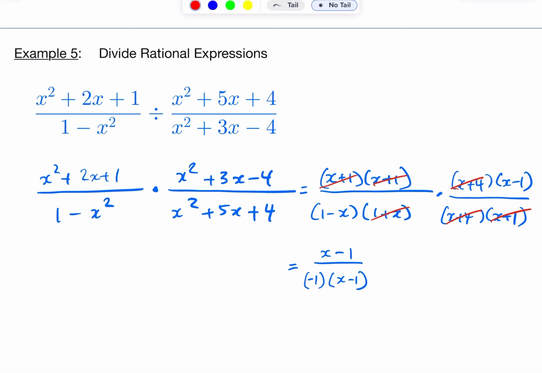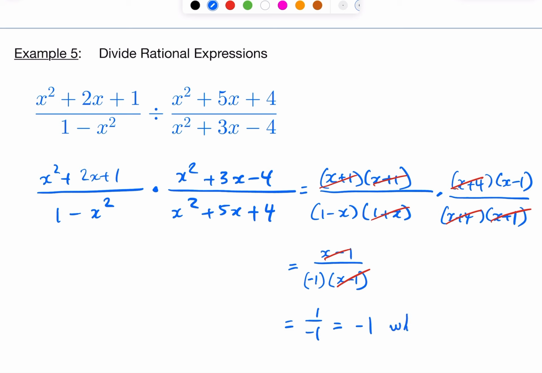Okay, so now that we have an x minus 1 up here and down here, we can go ahead and cancel that out. And our final answer ends up being 1 over -1, which is equal to -1. So all of this simplifies down to -1.